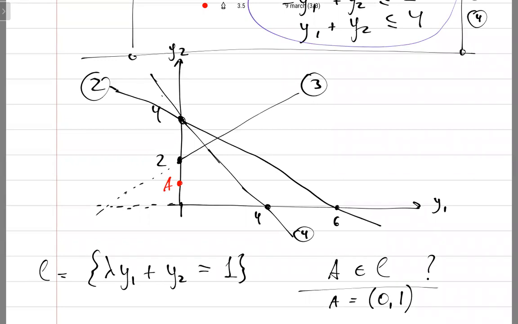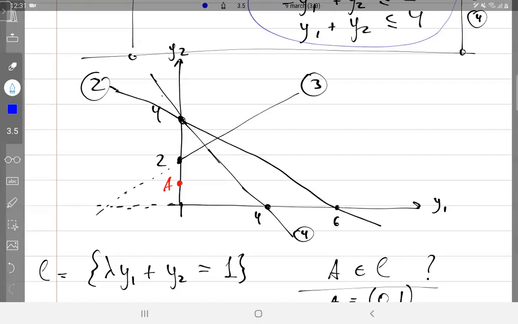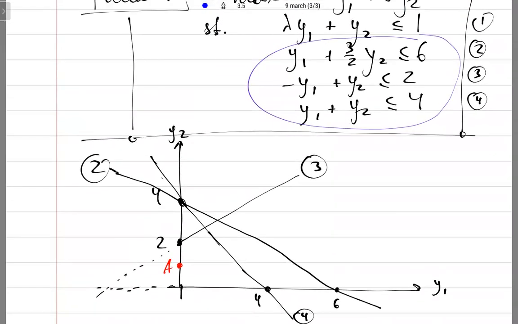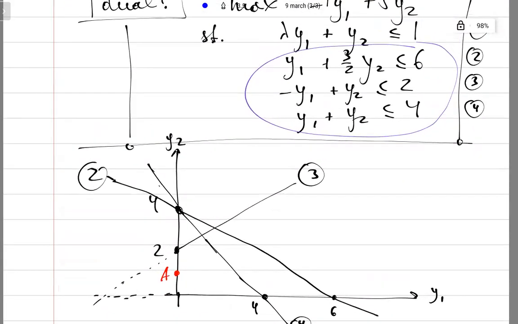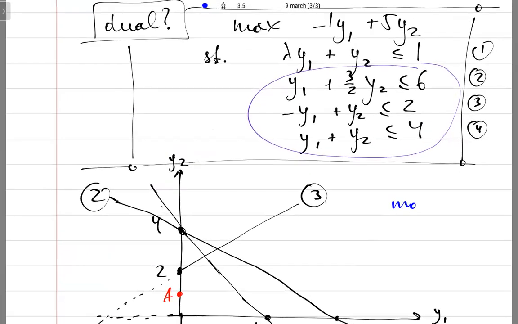And then it's better to also draw level curves of our goal function. I need to maximize minus y1 plus 5y2.